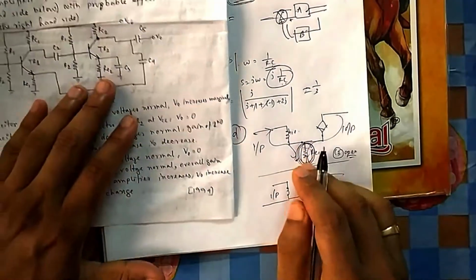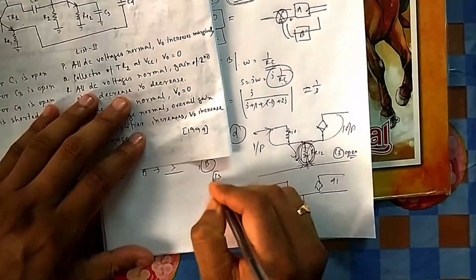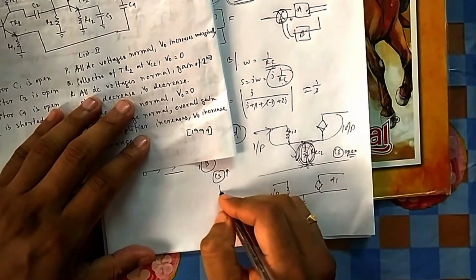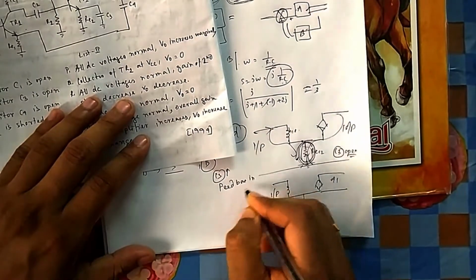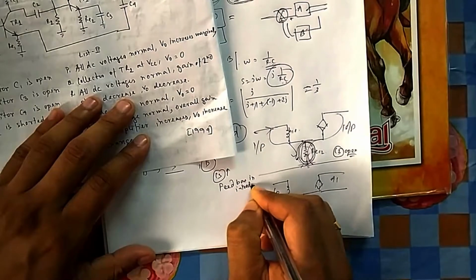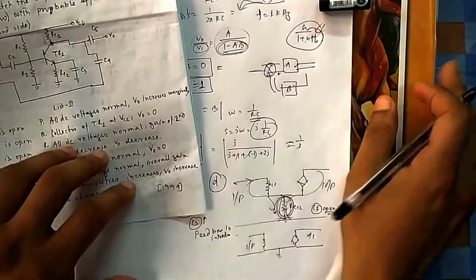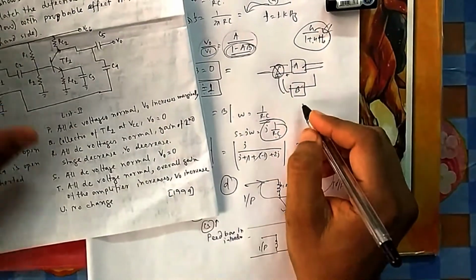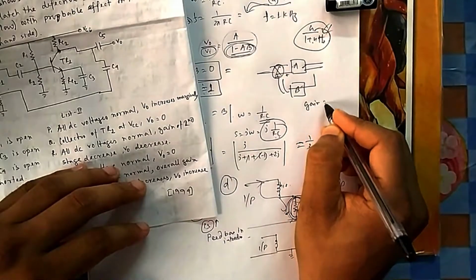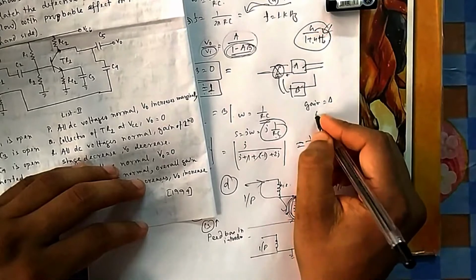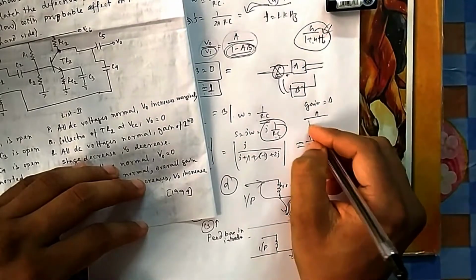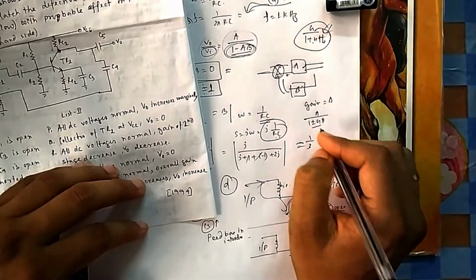Ultimately, if you open this C3, you are introducing a feedback. Once feedback is introduced, if you don't give any feedback, what is the gain? Gain is A, whatever you give will be multiplied. If you give feedback, then it becomes A divided by 1 plus or minus Aβ. It depends whether it is positive or negative feedback.